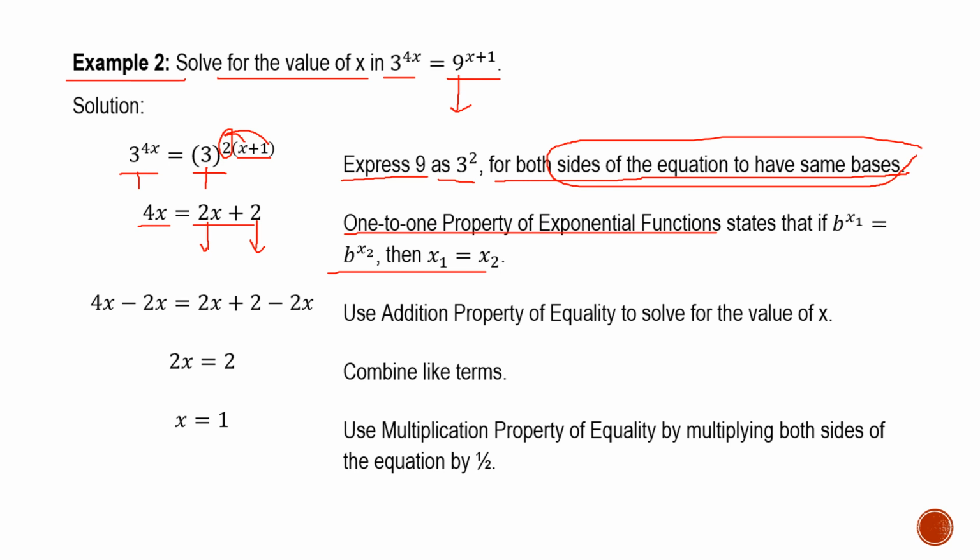Now, next thing to do is to apply the addition property of equality to solve for the value of x. In this case, we can transpose this 2x to another side of your equation from positive to a negative value, from the right side going to the left side, or we can subtract both sides by negative 2x for us to cancel negative 2x in the right side of your equation.